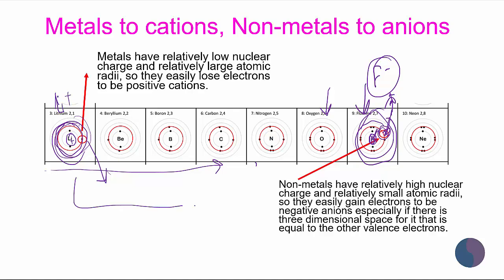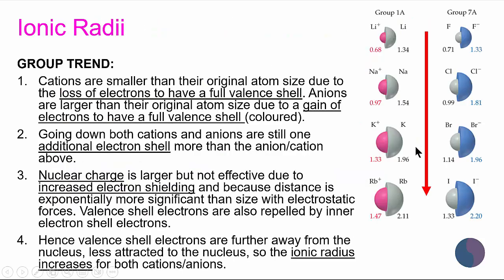So that's the deep dive into why the metals go into cations and the non-metals go into anions. Maybe a little bit too much of a deep dive. Again, you may need to talk about the specific s, p, d, f in a particular question if they mention a particular ion or atom. But this is the outline.